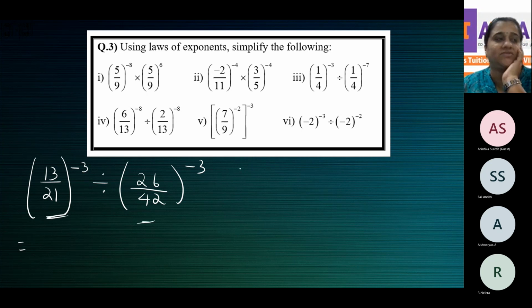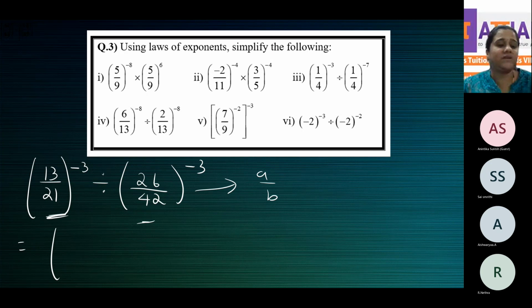Bases are different, but the power is the same.